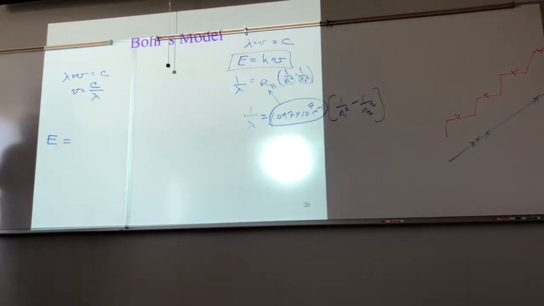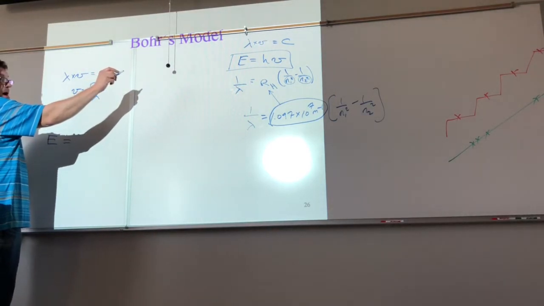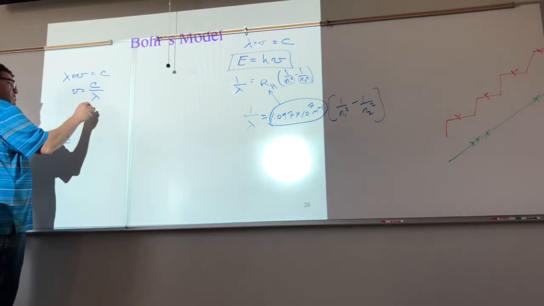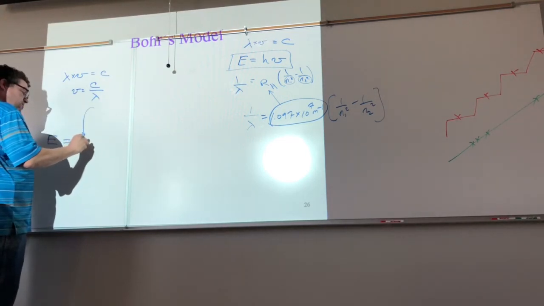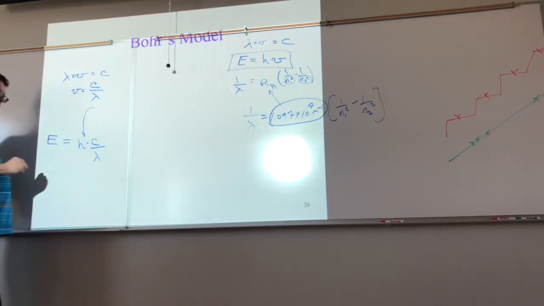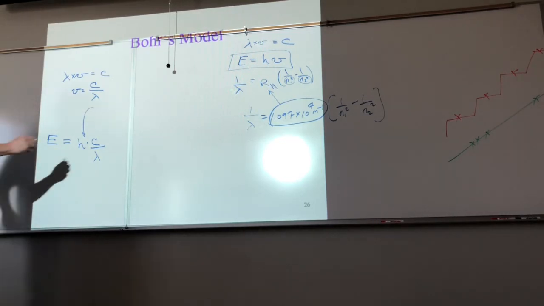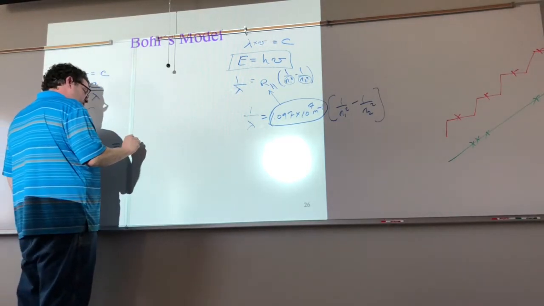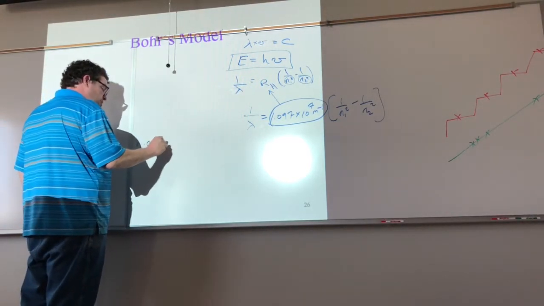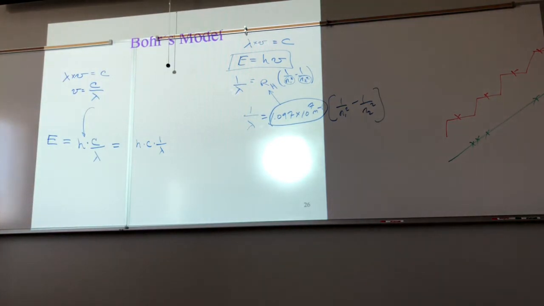Now I'm going to take that value and plug it into that equation that I've put a box around over there. So that's going to be E is equal to h times c divided by lambda. Everybody okay with that? Now I'm going to rewrite that as h times c times 1 over lambda. Everybody okay with that?